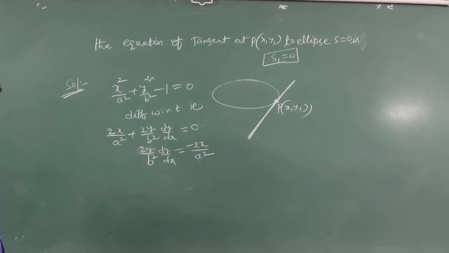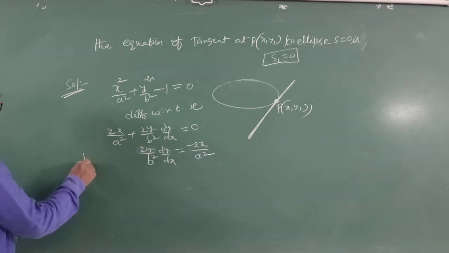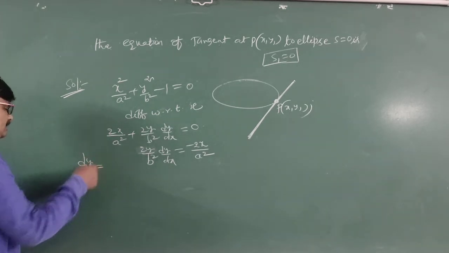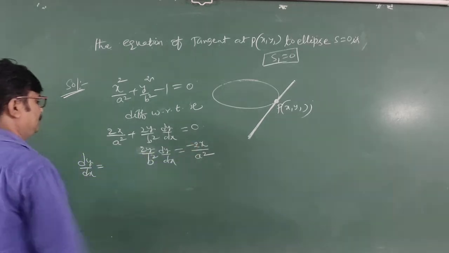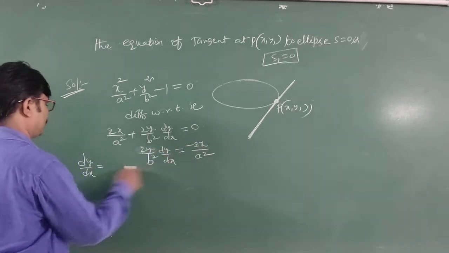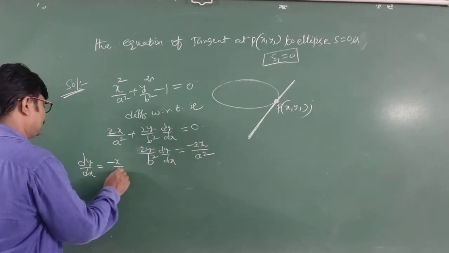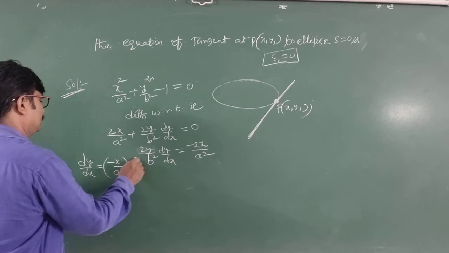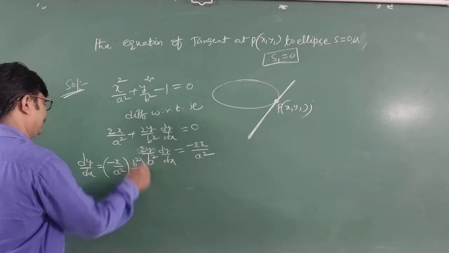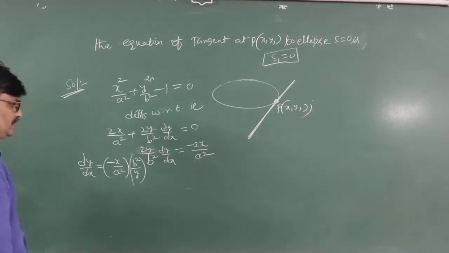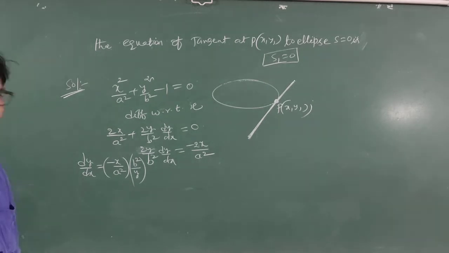We can write dy by dx equal to minus x by a square times b square by y.